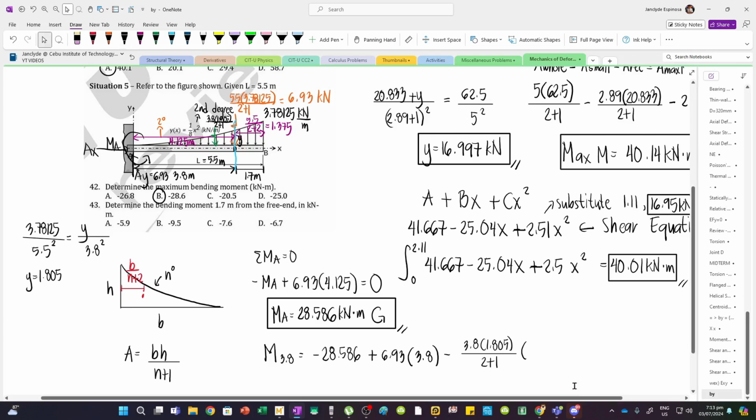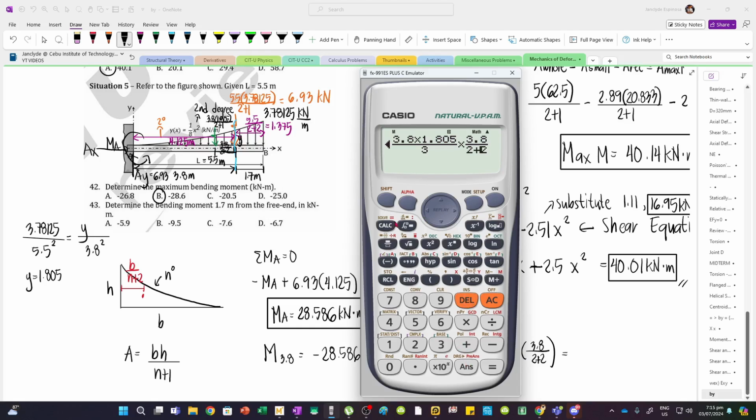We're going to multiply this by the moment arm going to the cut, which is B over n plus 2. We have 3.8 divided by 2 plus 2. So this is our moment arm. And then adding all of these, press equals, we have minus 4.42 kN·m.